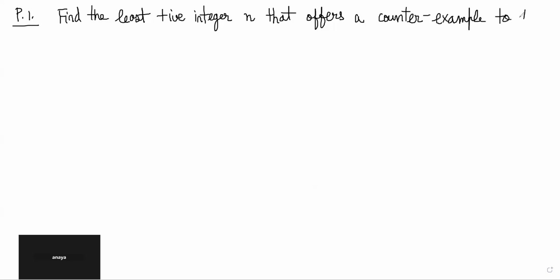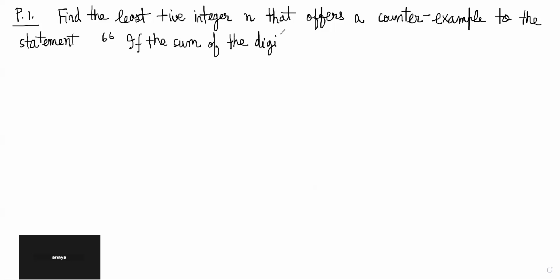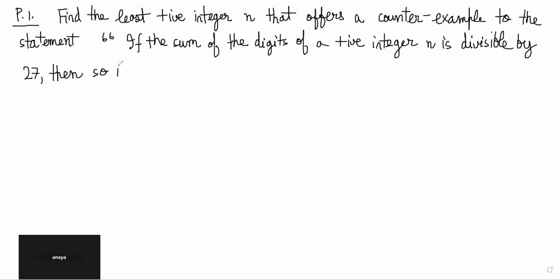Find the least positive integer n that offers a counter example to the statement: if the sum of the digits of a positive integer n is divisible by 27, then so is n.